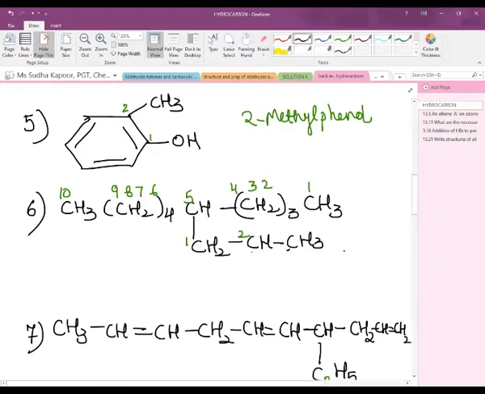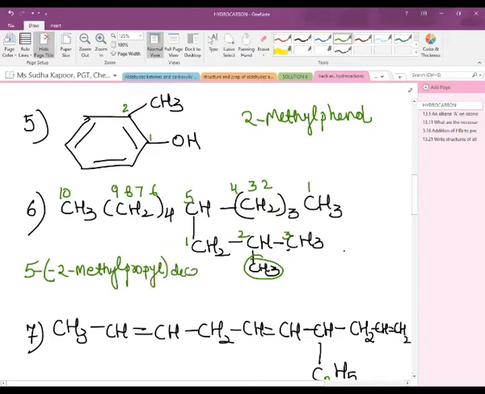So it will become CH3. It is a consideration of a chain, a branch on a branch. So we can say that on carbon 5, there is a methyl at the second position on the propyl chain. So at 5, we write 2-methylpropyl, and the overall name is decene.